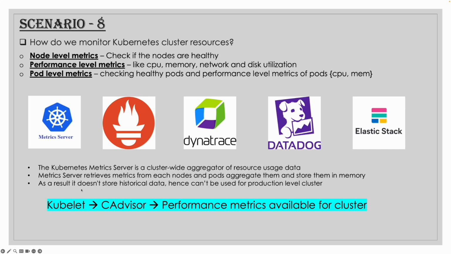As a result, it doesn't store historical data because it's stored in memory. If your server on the node is restarted, the data is gone. Hence, we cannot use metrics server for production level clustering.